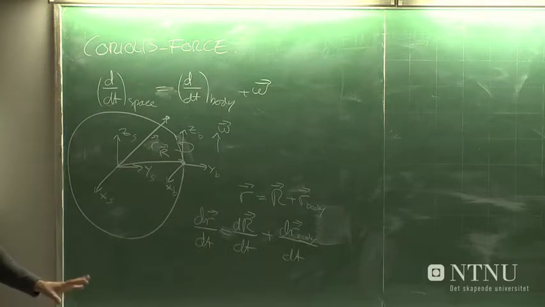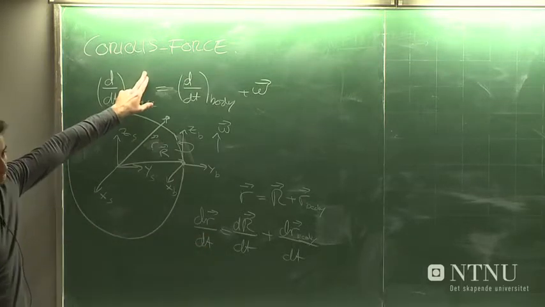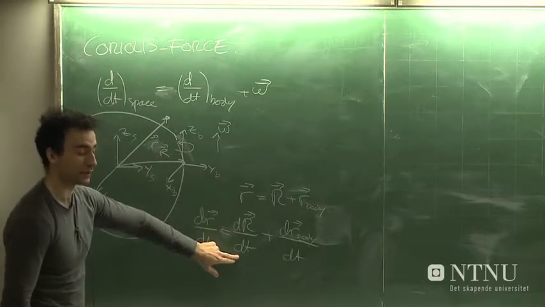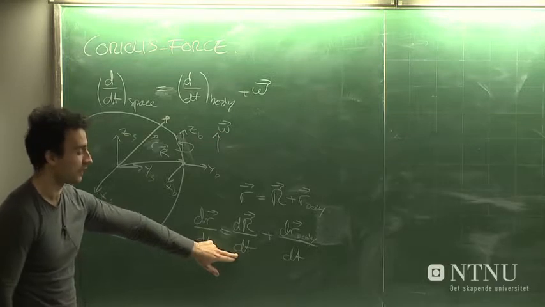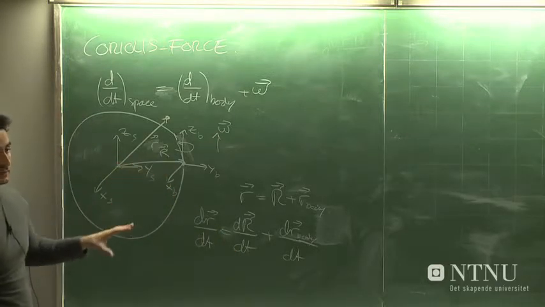So you see that in that case, there's actually a difference from this operator relation, namely due to the fact that you could in principle have a movement of these two coordinate systems relative to each other.